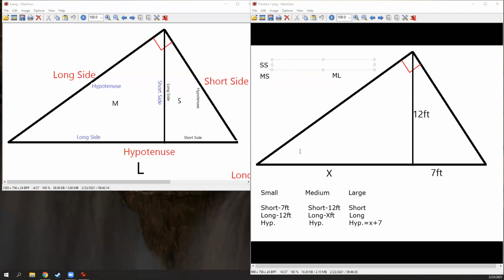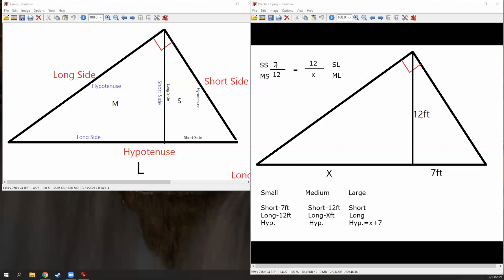Small triangle short side is 7. Medium triangle short side is 12. Small triangle's long side is 12. Medium triangle's long side is x. Cool. Once we have this set up, it's actually pretty easy.